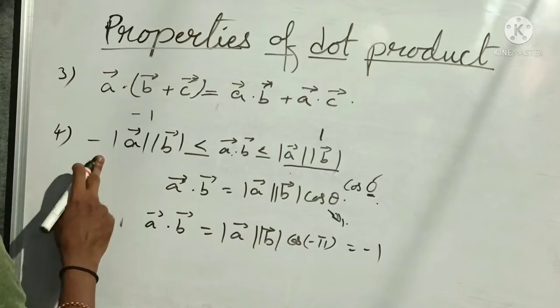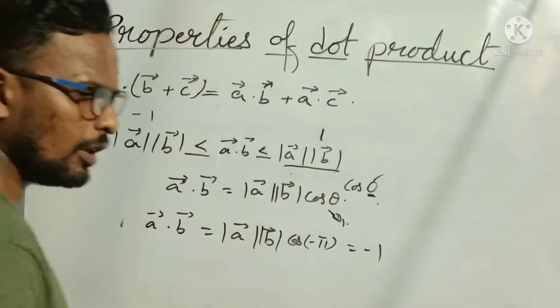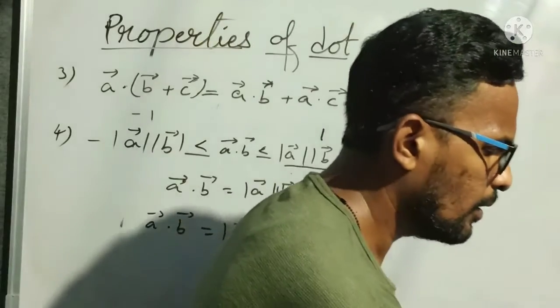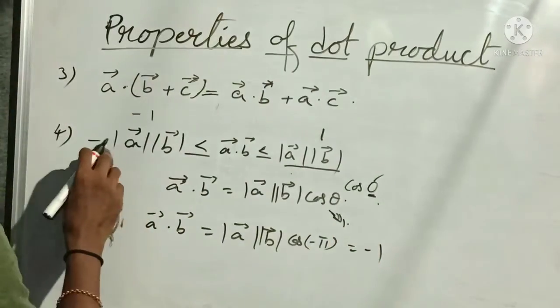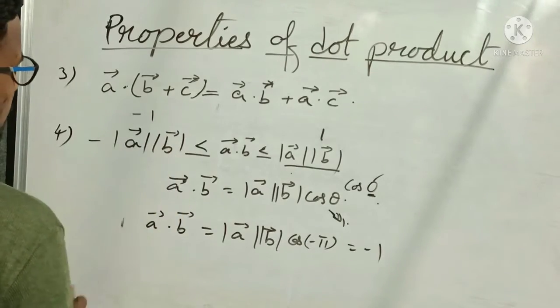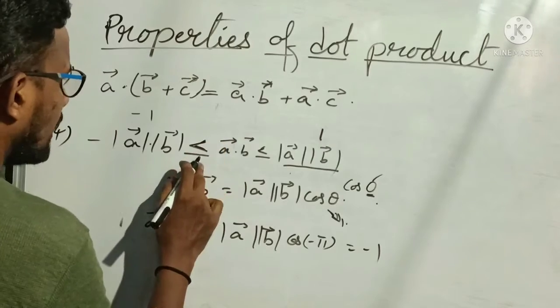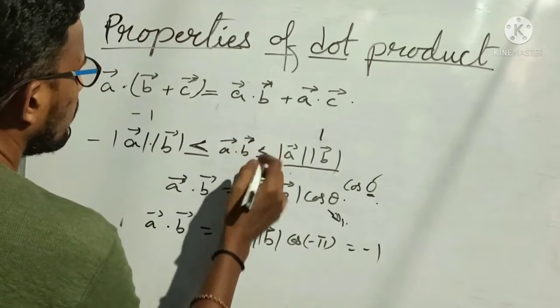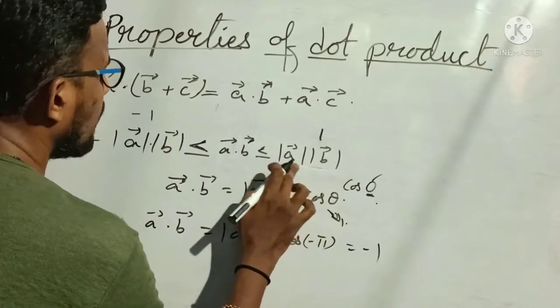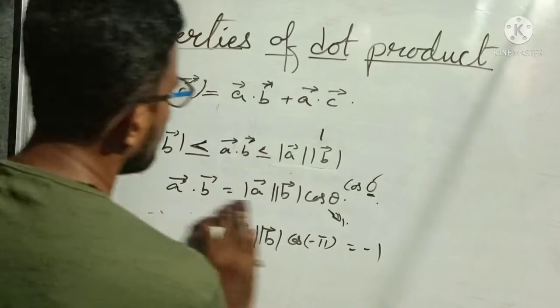So in between minus 1 and plus 1 only, always my a bar dot b bar value will be. Understood? That's why modulus of a bar into modulus of b bar with a minus sign is always less than or equal to a bar dot b bar, which is less than or equal to modulus of a bar into modulus of b bar. Clear? This is our fourth property.